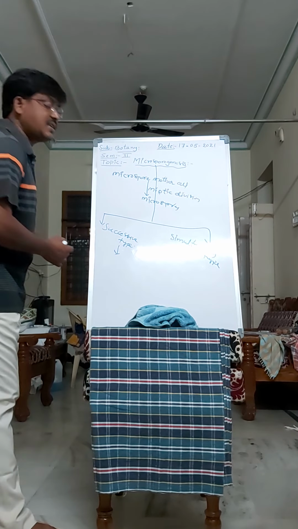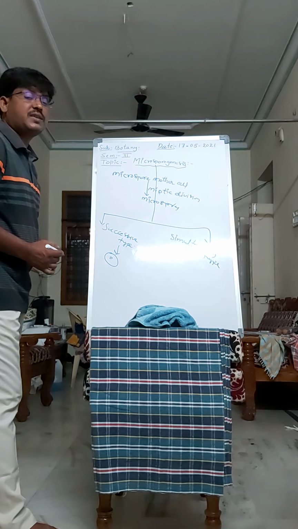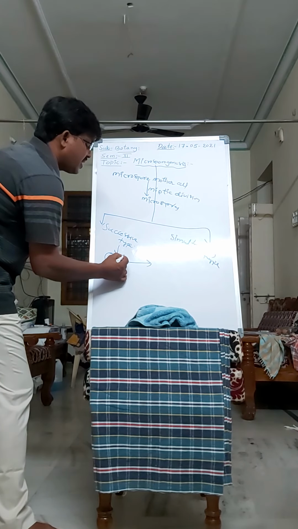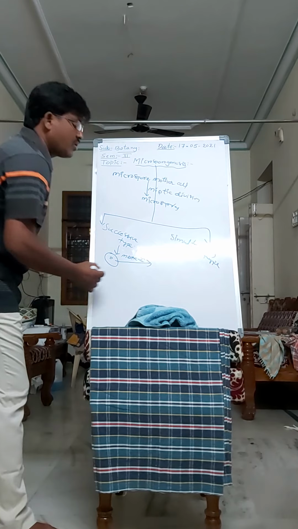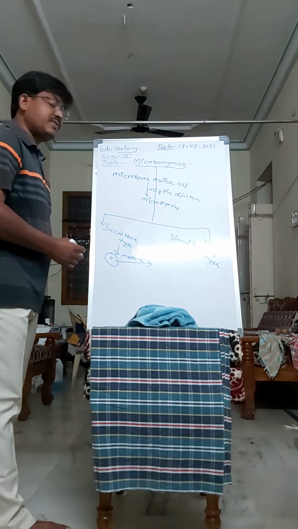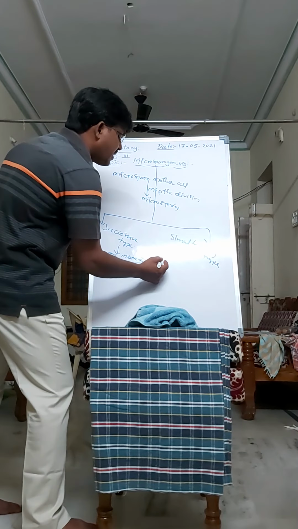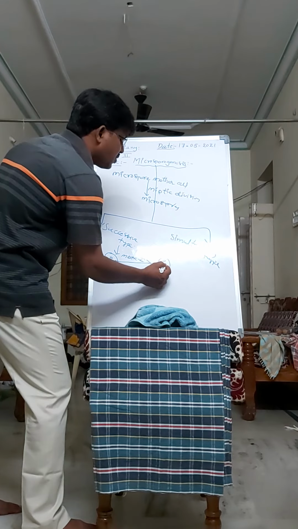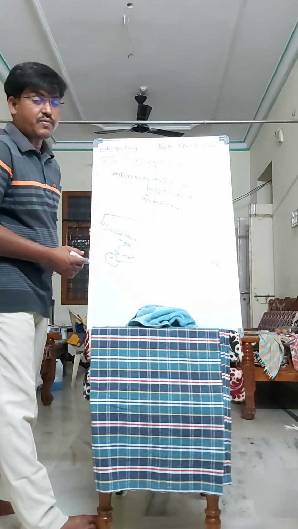So in the successive method, the microspore mother cell undergoes the first meiotic division, meiosis one, which gives rise to two daughter nuclei.